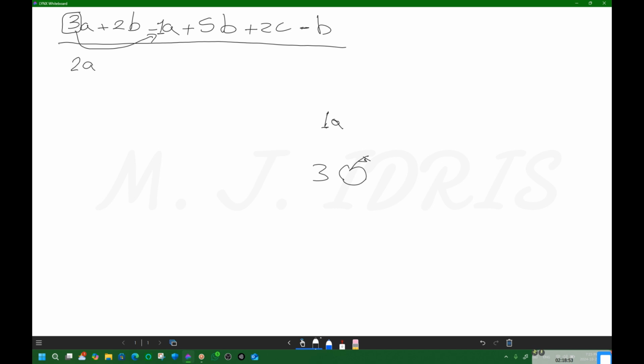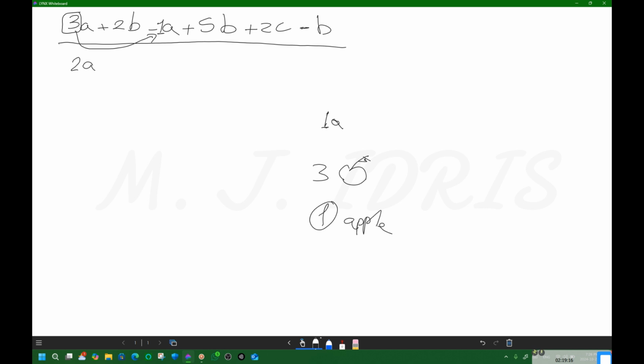An apple means 1 apple. You don't need to say number 1. Apple. That's 1 apple. 2 apples, 3 apples, 4 apples. But for 1 apple, you can say just an apple, which explains that it's only 1.